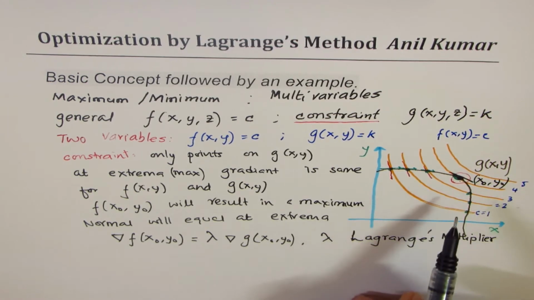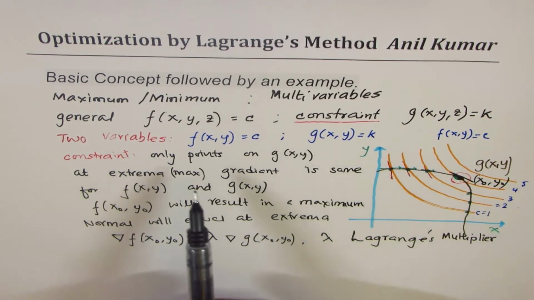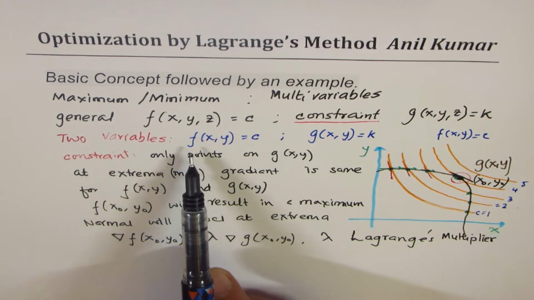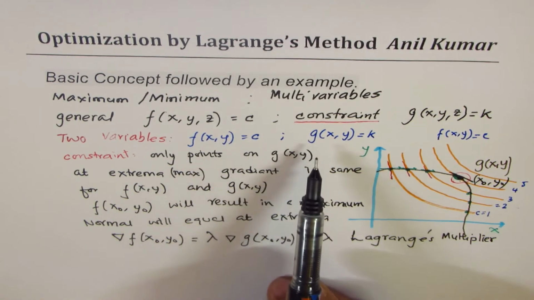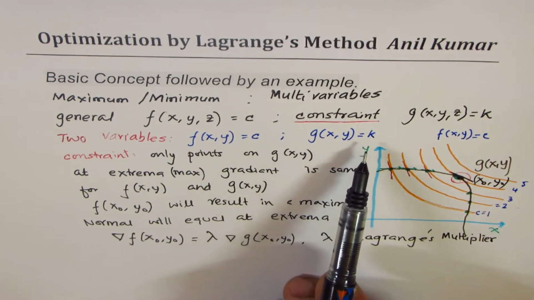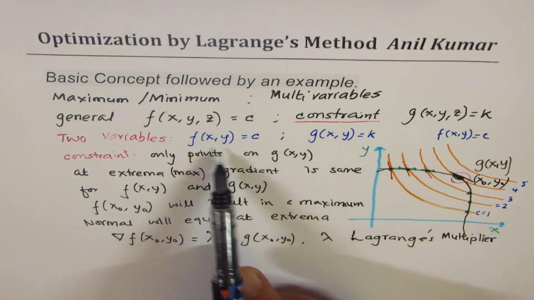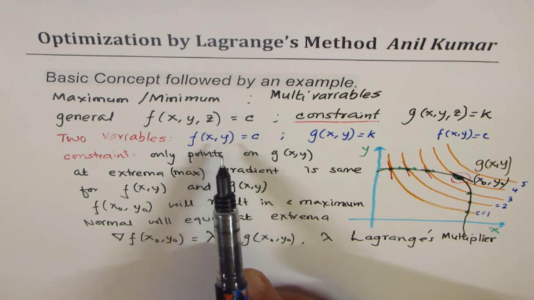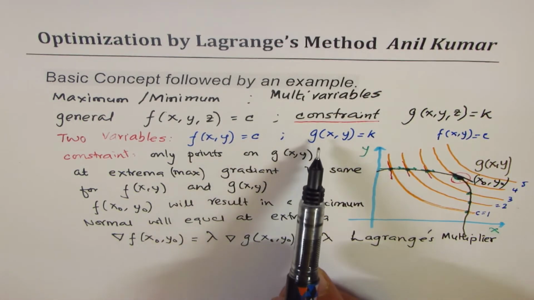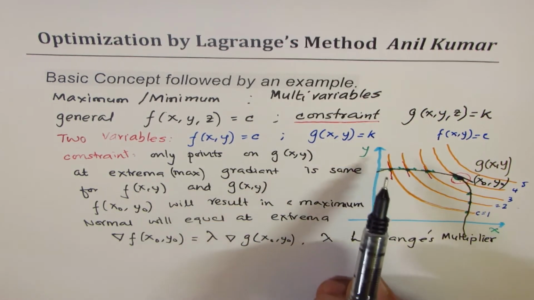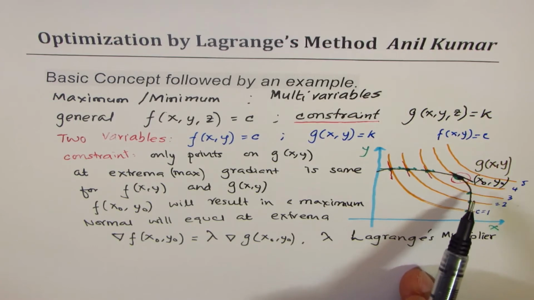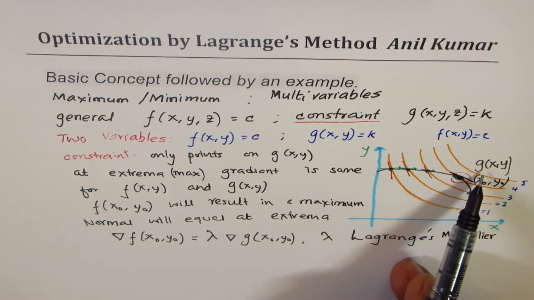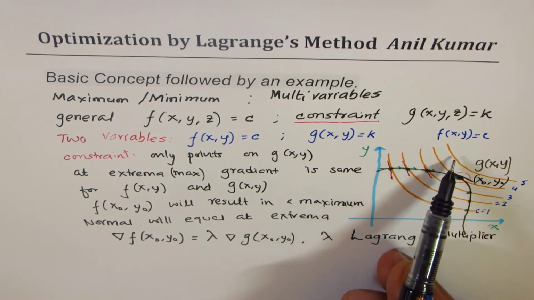So let's get back to this once again. So what we have here is a function in two variables, f of xy equals c, with a constraint g of xy equals k. That means on this function, we are only interested in the points which are on g of xy equals k. So this sketch shows us that for different values of c, we could have these curves shown in orange.